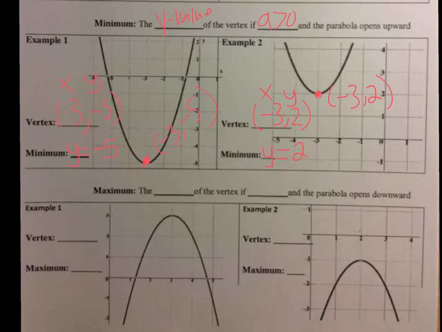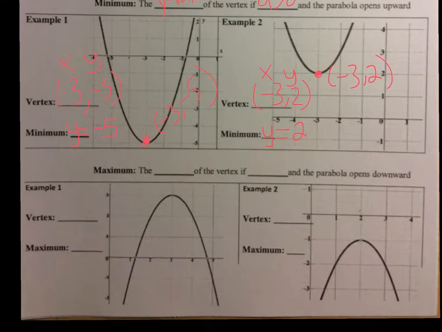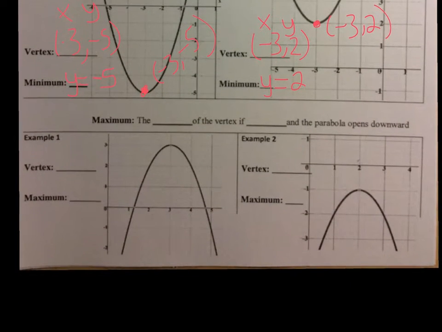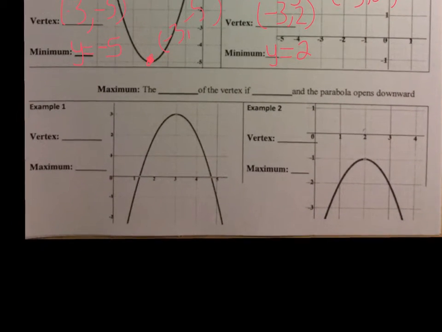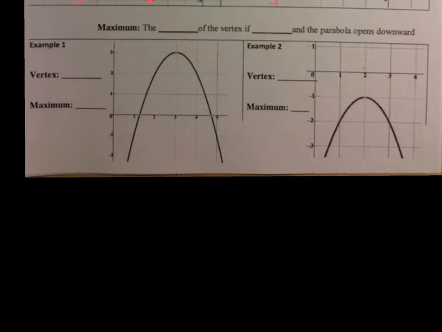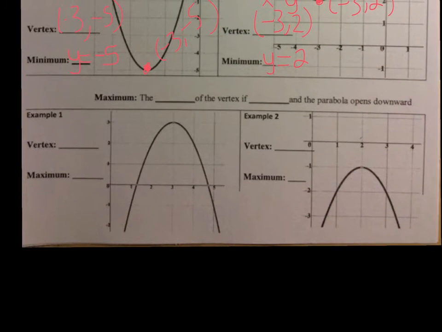Alright, so finishing with the minimum, let's go to the maximum value. So the last piece for the section today. The maximum value of a parabola is the y value of the vertex if a is less than 0.